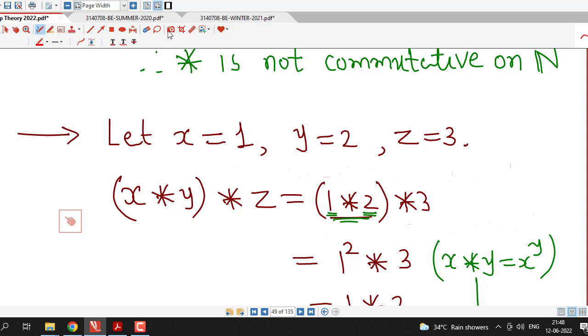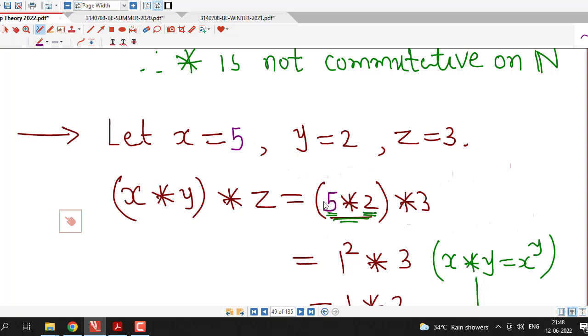So I have to change my elements. Suppose instead of 1, I consider another element, say 5. So instead of x, I am taking 5 here.